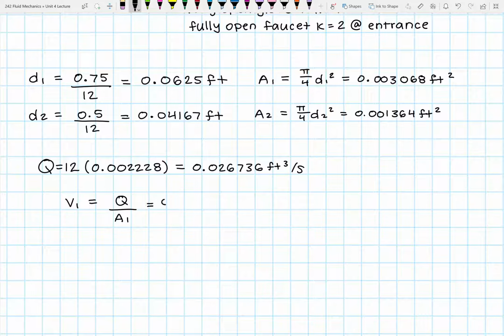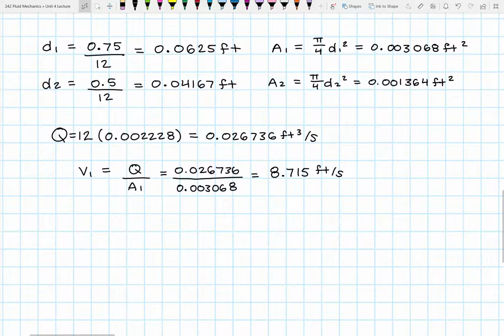So that is our Q value that we just found divided by the area of 1, which is this value that we found just a moment ago, and that will give us the velocity throughout the pipe in the 0.75 inch diameter section as being 8.715 feet per second.